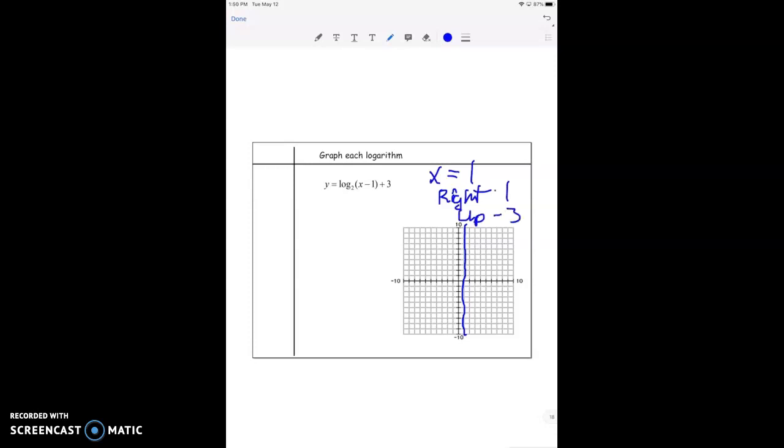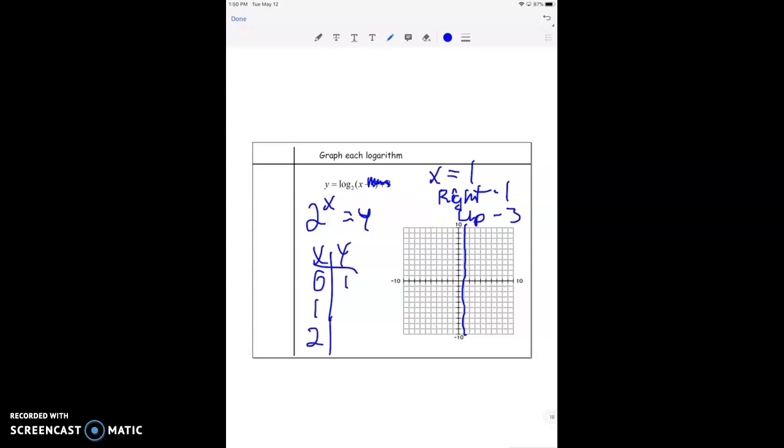So there's 2 shifts. So in this case, I'm not just focused on the x, I'm also focused on the y. But to fill out my chart, I'm going to ignore the shifts and just use the normal function to make my chart, so that way we're not stressing ourselves out.